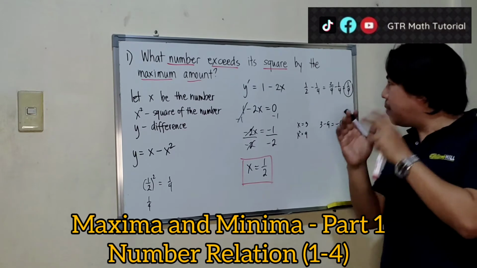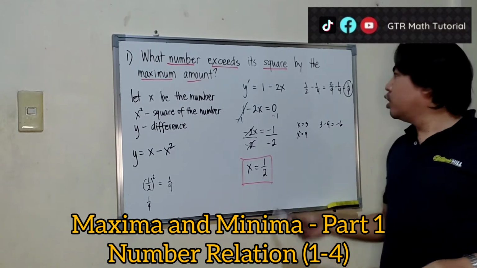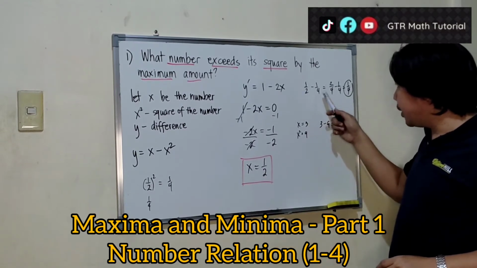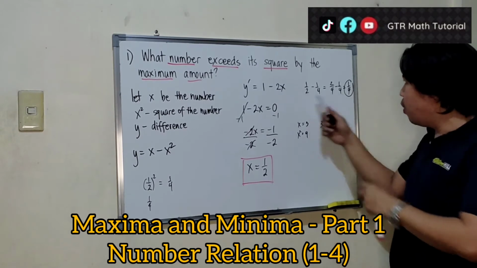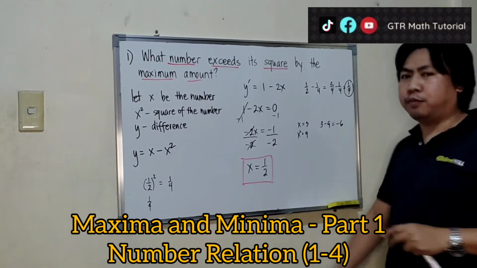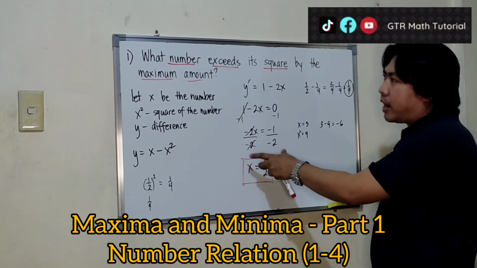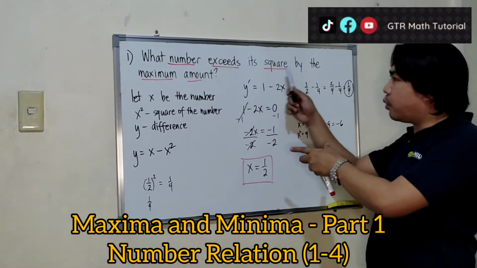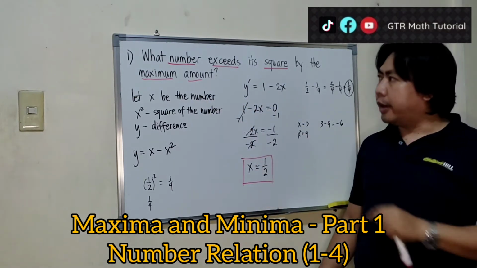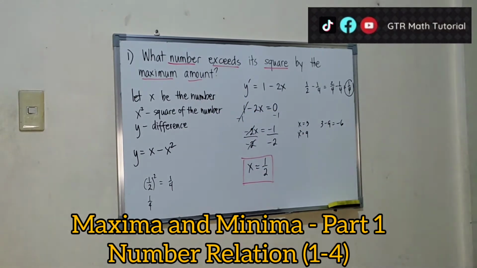So the maximum amount is when the number is 1 half. We have 1 half minus 1/4, and since 1/4 is less than 1 half, the answer is 1/4. Therefore, the answer is x equals 1 half. So the number exceeds its square by the maximum amount. Okay? Next example.